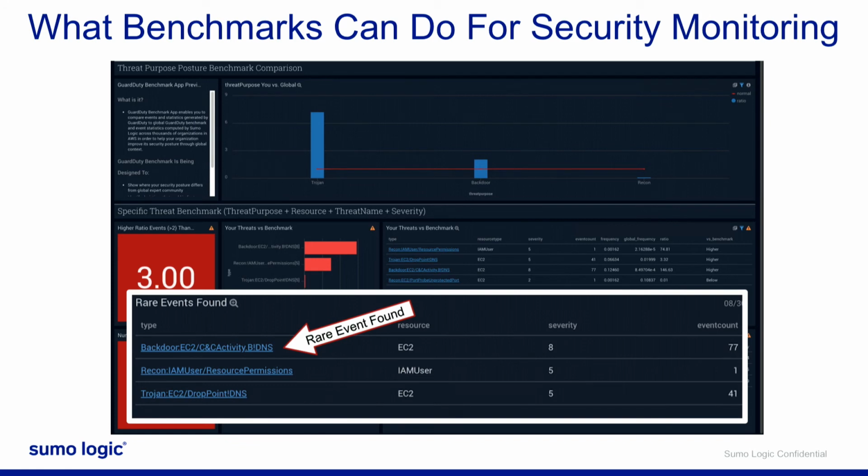It's hard to look for rare things if you don't know what's rare, but we now know what's rare. And so we will bubble up things that occur in your account that are rare globally. Things like successful suspicious console logins, right?